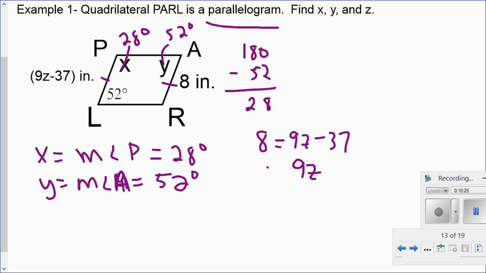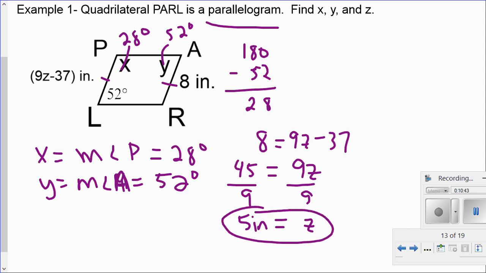So 9z equals 37 plus 8, which is 45. Dividing each side by 9 gives me z is equal to 5. And we're talking about units here. These are inches. So z is equal to 5 inches. y was 52 degrees and x was 28 degrees.